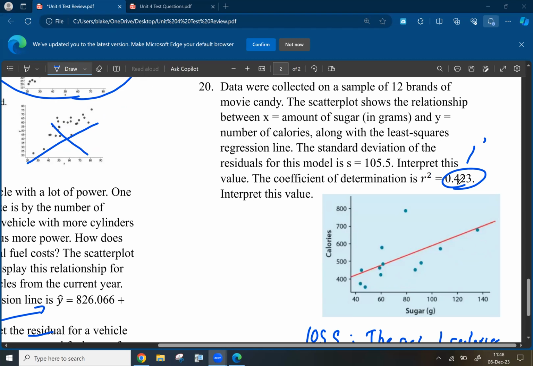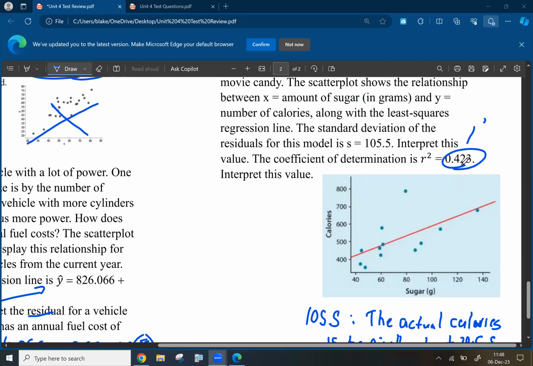So anyway, we convert that 0.423 to a percentage, which as a percent would be 42.3%.